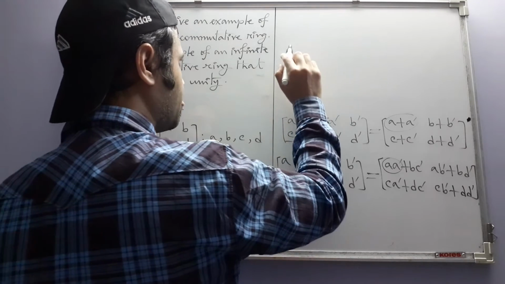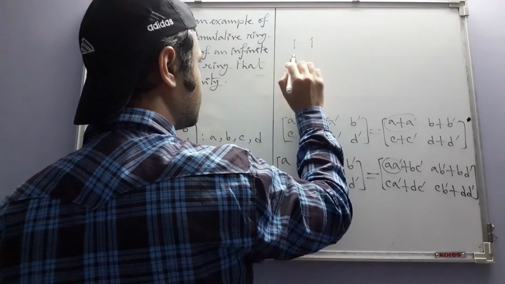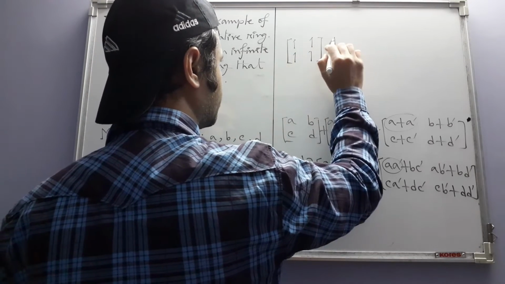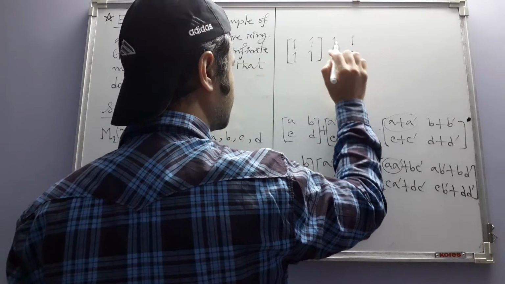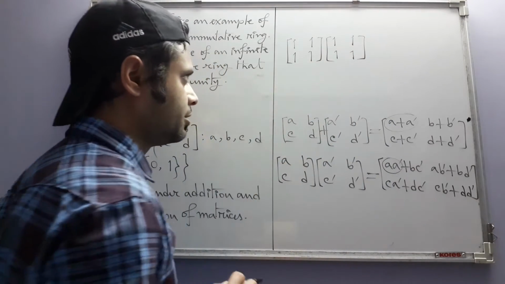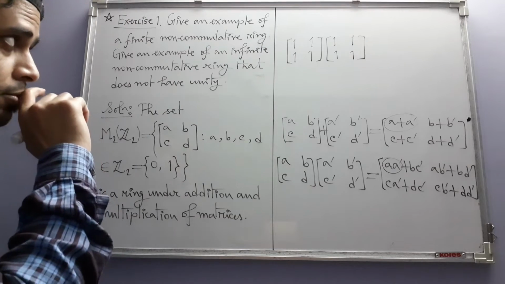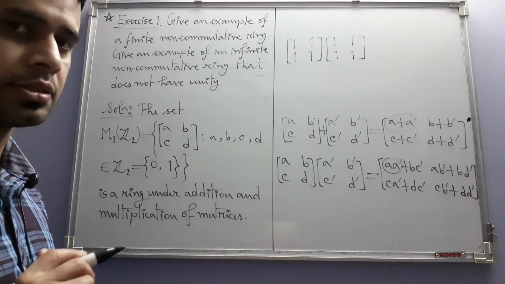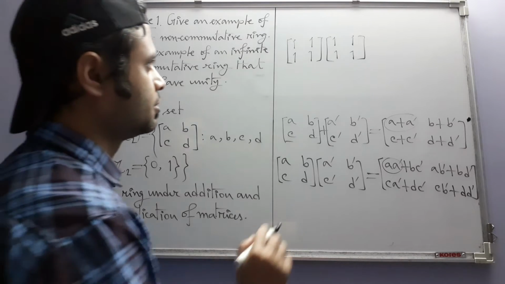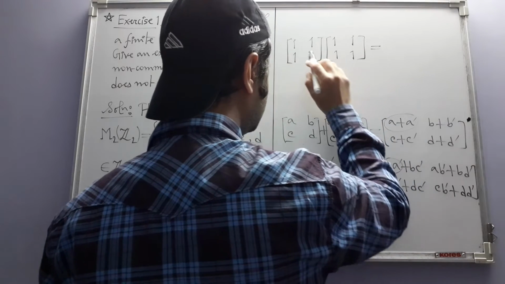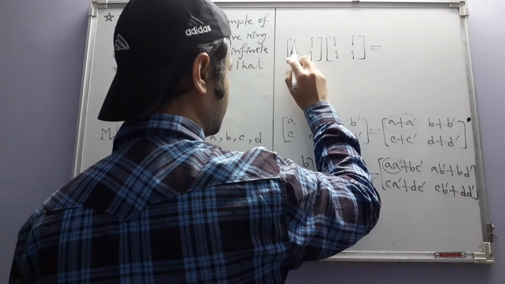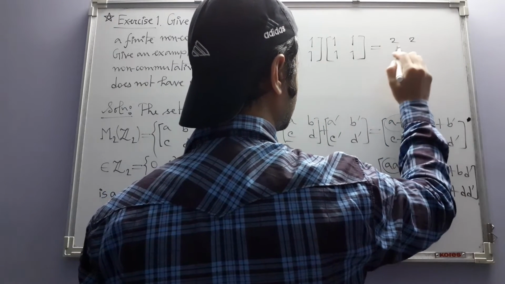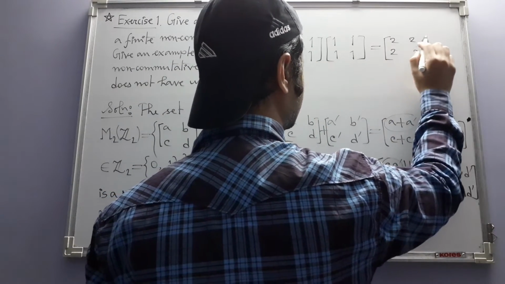For example, if one calculates this product, which is the square of the matrix all of whose entries are equal to 1: considering these as ordinary real matrices, the result of this product is 1 plus 1, 2, so all the entries are 2.